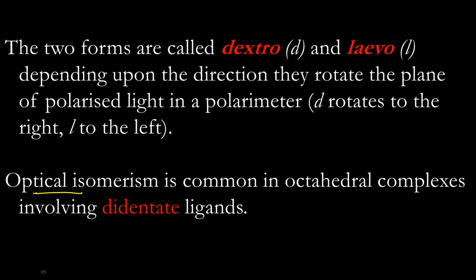Optical isomerism is common in octahedral complexes involving didentate ligands. You should remember this. Octahedral complexes we will be talking about, mostly octahedral. It does not mean that we will not be talking about others, but mostly it will be octahedral complexes involving didentate ligands. Didentate ligands, you understand? Can you tell me any didentate ligand?